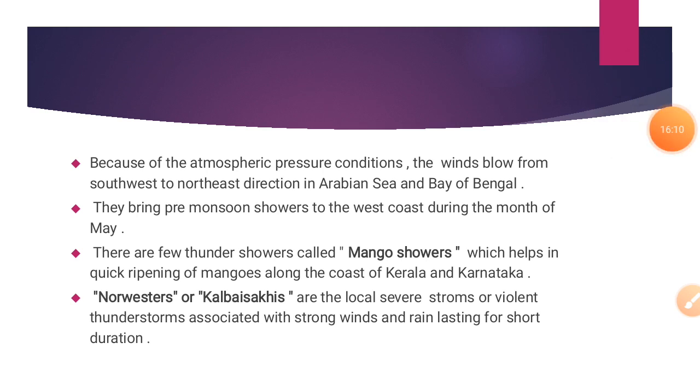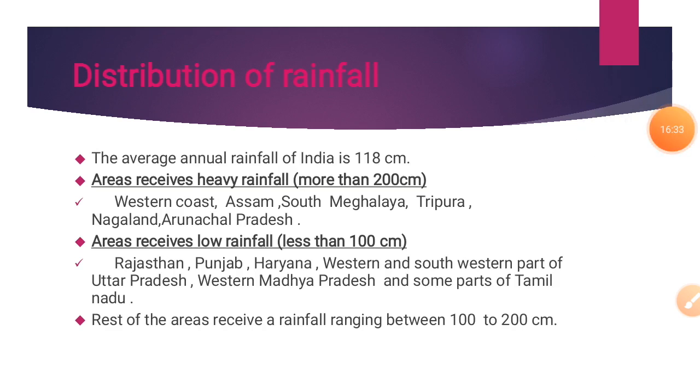The summer season brings some atmospheric pressure conditions. Because of this, it brings pre-monsoon showers. These few thunder showers are called mango showers. Why are they called mango showers? Because they help in quick ripening of mangoes along the coast of Kerala and Karnataka.